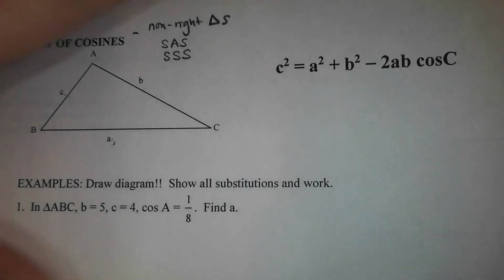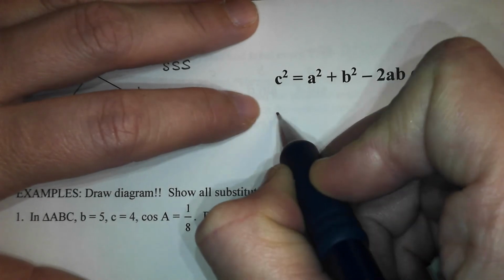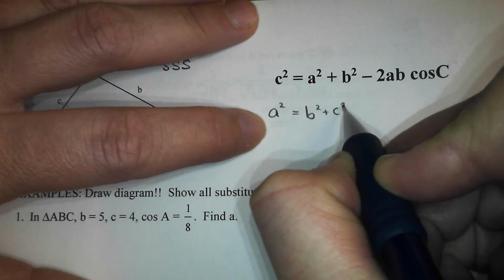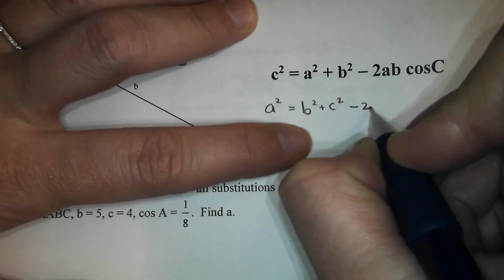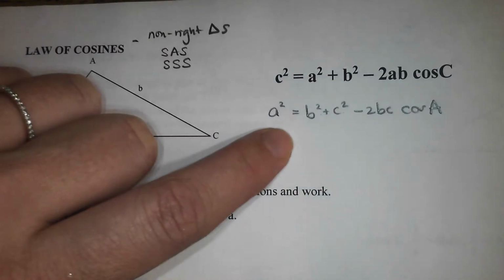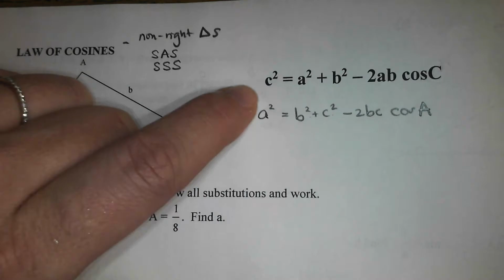The ABC part doesn't matter so much, you could have your A squared on this side, and then the other two sides are B squared and C squared, minus 2BC, and then cosine A. What's important is that this angle is opposite the side that stands alone.